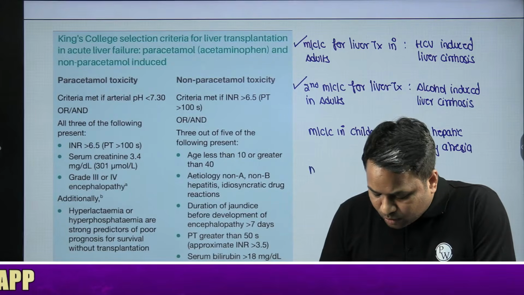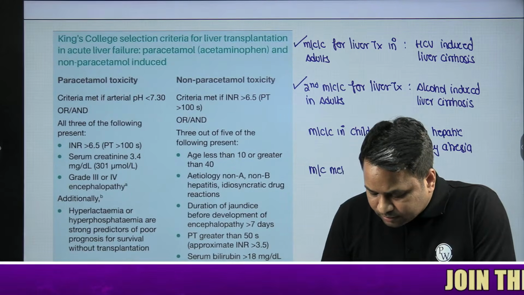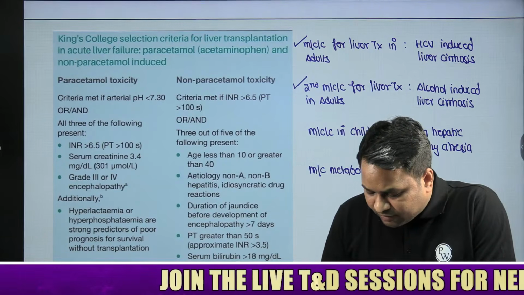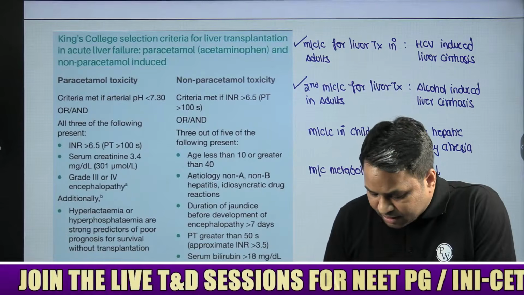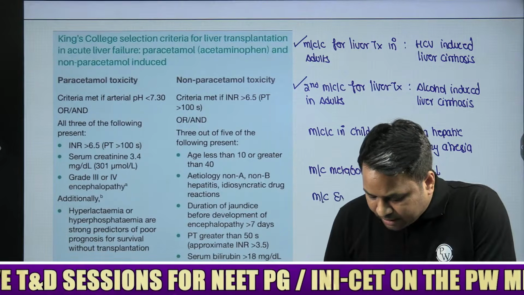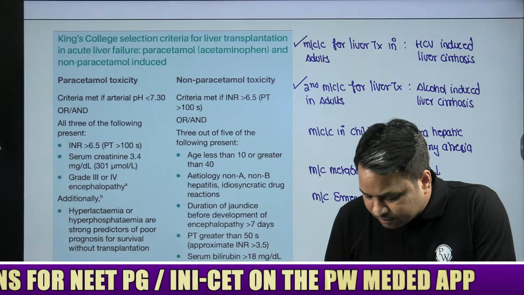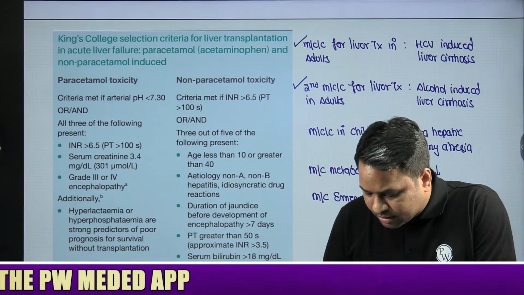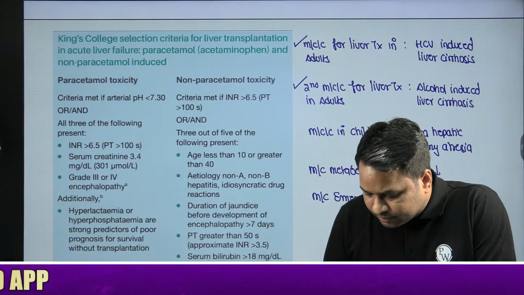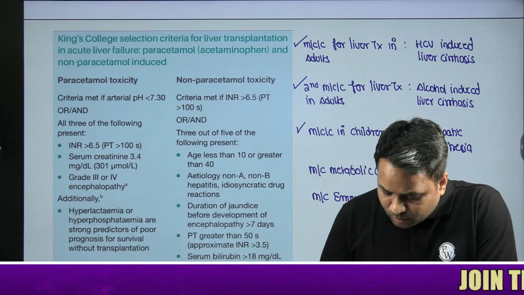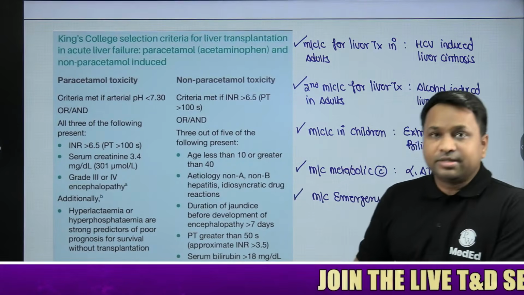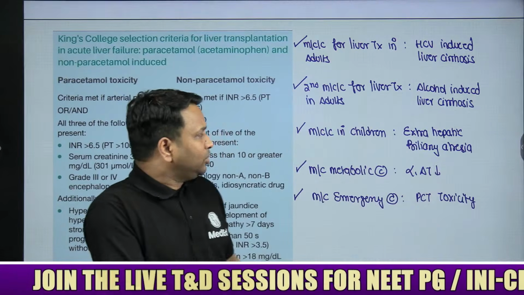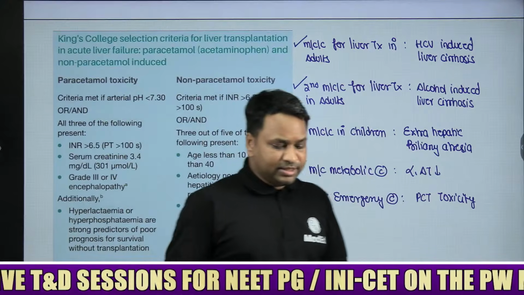If I say what is the most common metabolic cause, it is your alpha-1 antitrypsin deficiency. The most common emergency cause is your paracetamol toxicity. So these are the indications in general.